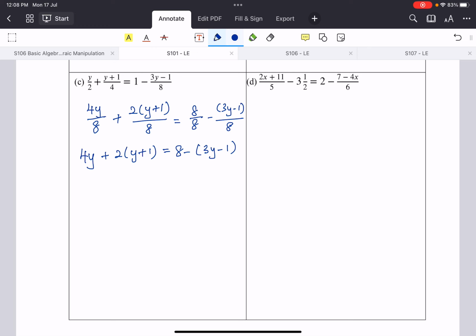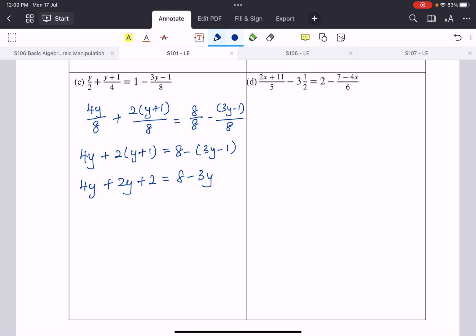If we did not put a bracket around the 3y minus 1, we will encounter an error. So please take note, because we are subtracting the entire fraction. That means we are subtracting the entire numerator. Without the bracket, it means we are only subtracting 3y, which is not what we want. Okay, so take note of this. Right, so when we continue with this, we have 4y plus 2y plus 2 equals to 8 minus 3y.